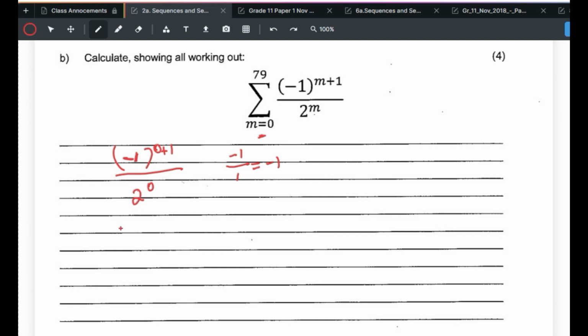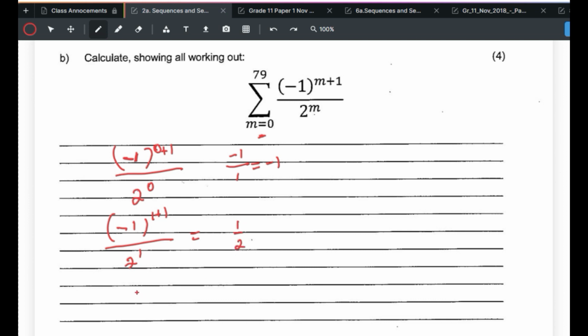Then you plug in the second term. The next in line would be negative 1 to the 1 plus 1 over 2 to the 1. In that case, that would be negative 1, no, actually it's 1 over 2. Yes, 1 over 2.